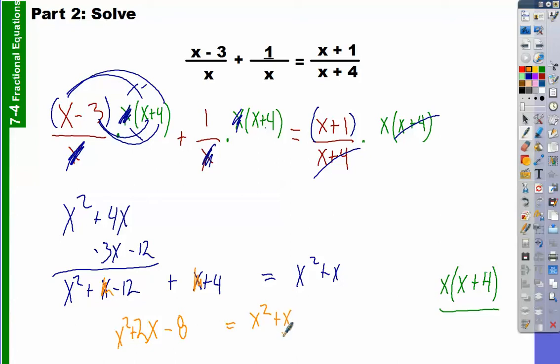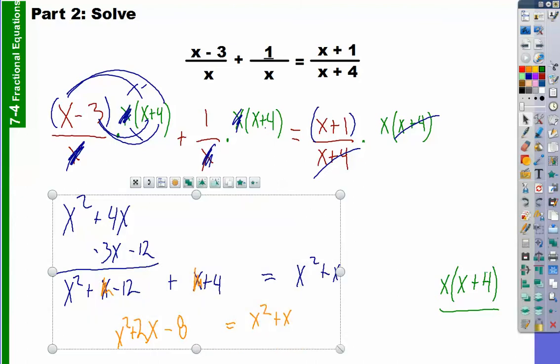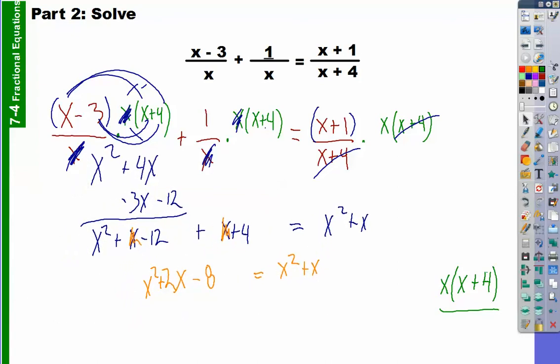Okay. So now it's time to try to get the x's together. So what's the first thing I'm going to do? Subtract x. So what I'm going to do so we have more room is move this up. Apparently I didn't plan ahead enough.